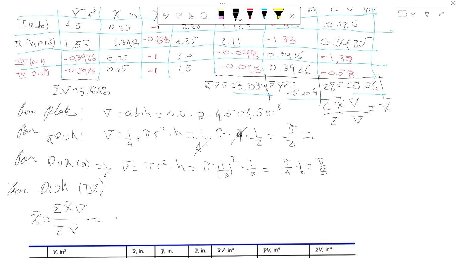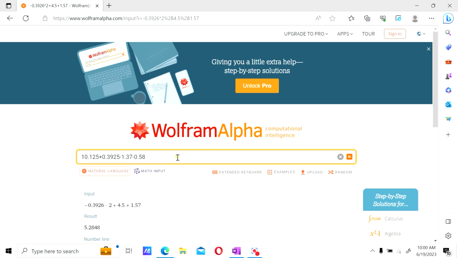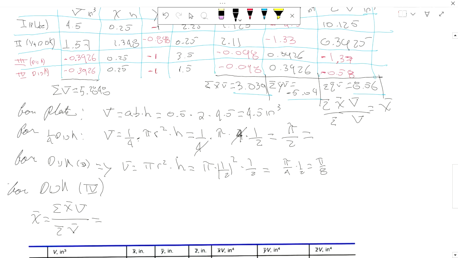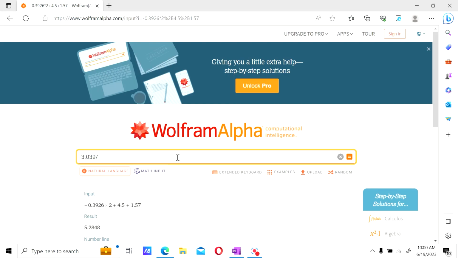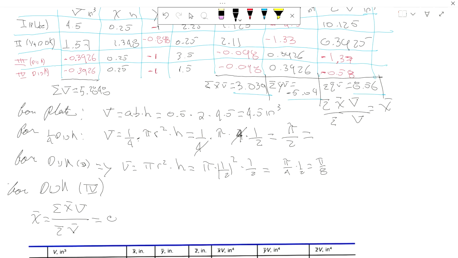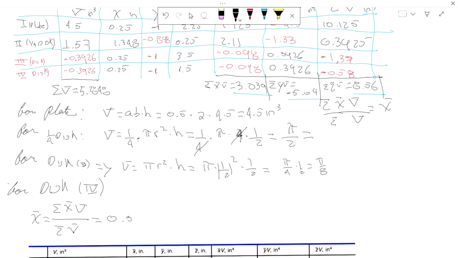This is equal to 3.039 divided by 5.2848, which is 0.575.